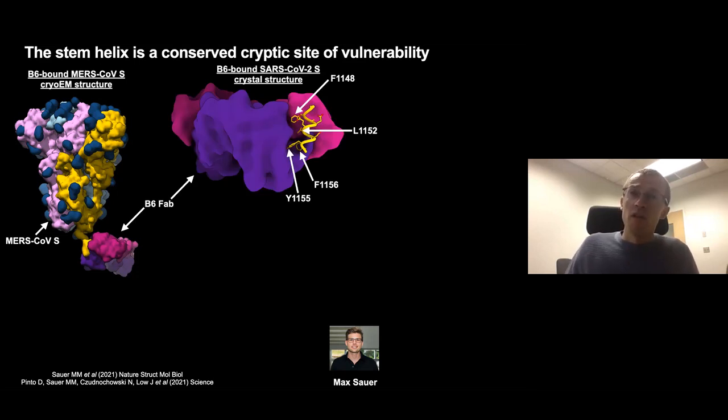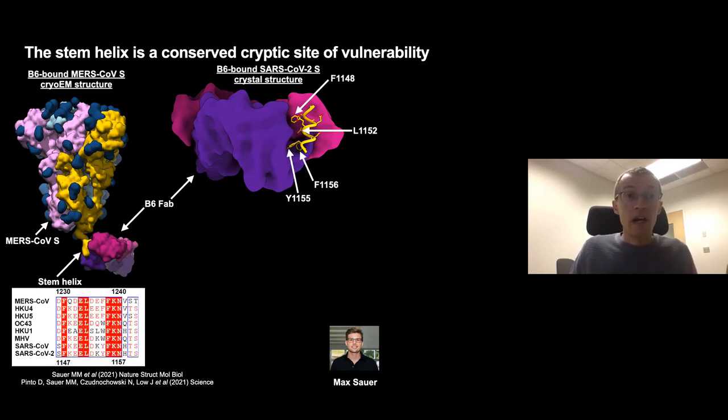We determined, in addition to a cryo-EM structure, multiple crystal structures of this antibody bound to the peptide epitope it recognizes from SARS-CoV, MERS-CoV, and OC43. And we realized that this epitope is highly conserved among beta coronaviruses, explaining the cross-reactivity and the ability of this antibody to neutralize MERS-CoV and OC43, but it did not bind strongly enough to SARS-CoV to neutralize it.